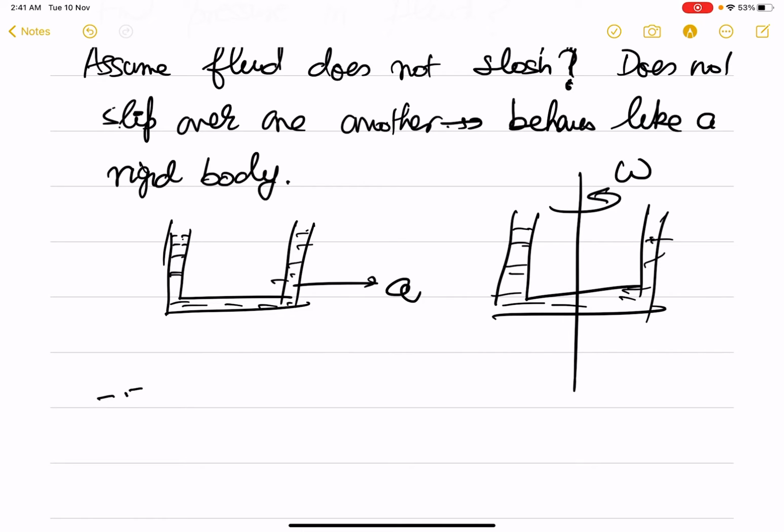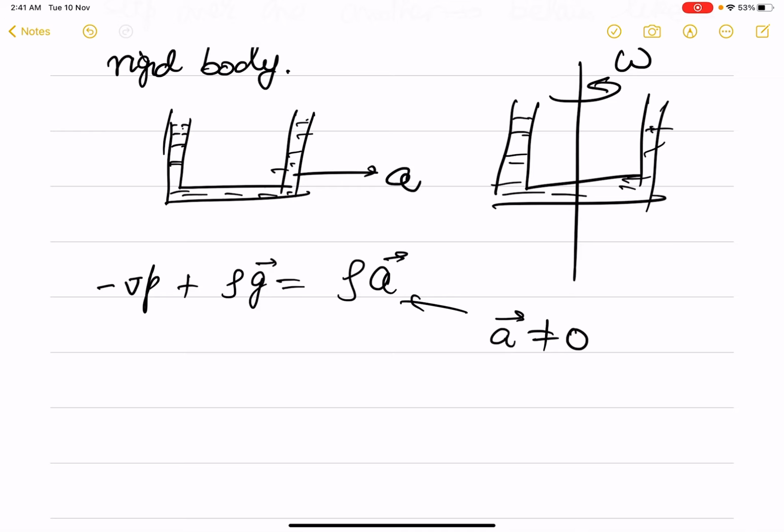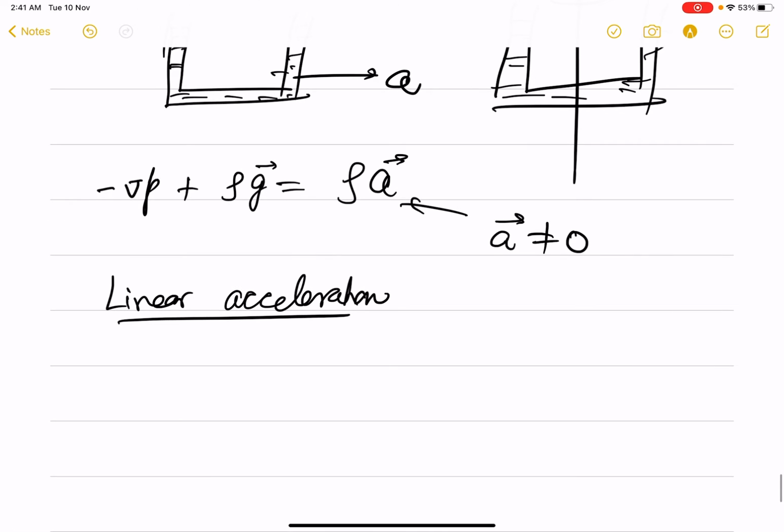So we have the equation minus grad P plus rho g is equal to rho A. And now A is not equal to 0. So let us look at the case of linear acceleration first. So let's say A is equal to Ax i.